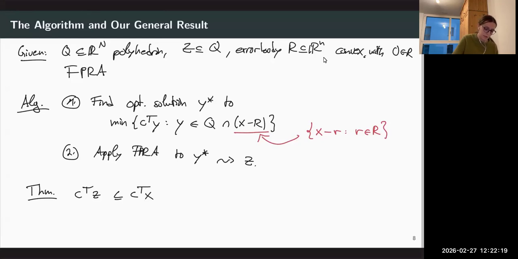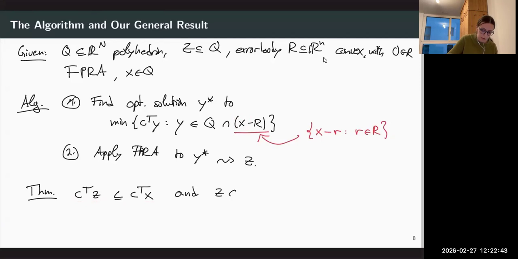We also have this x in Q. If you want to think concretely about flows, then x is our fractional flow. And then we say our unsplittable flow that we output is not more expensive than the fractional flow that we put in.